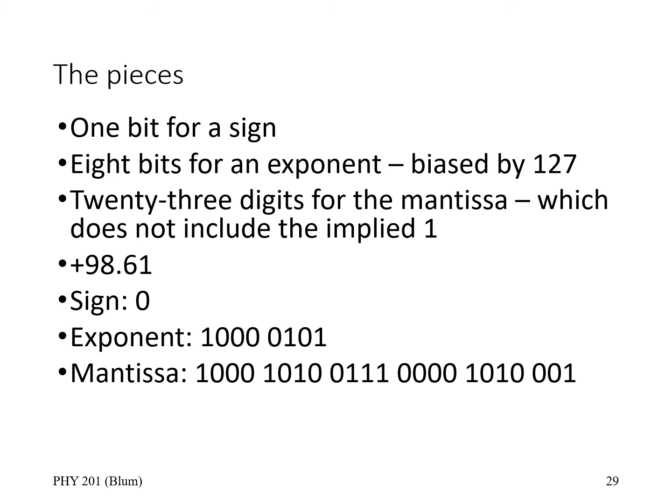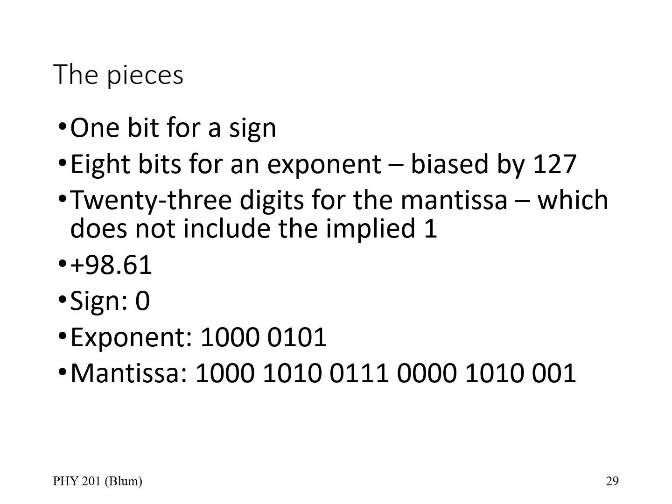So when we had our example of 98.61, the overall number was positive, so the sign bit is going to be 0. Our power of 2 was 6, and then we biased it by 127, so the exponent was 10000101, and then our representation, taking away that implied 1 that was out in front, the mantissa was 10001010, etc.